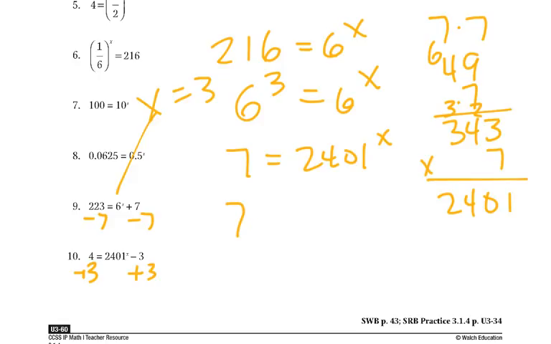So it'd be 7 equals 2401 to the 1 over 7.